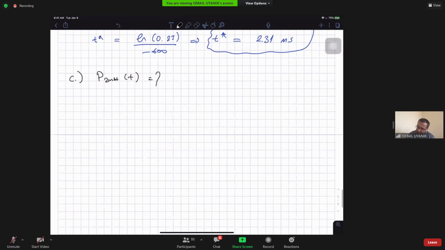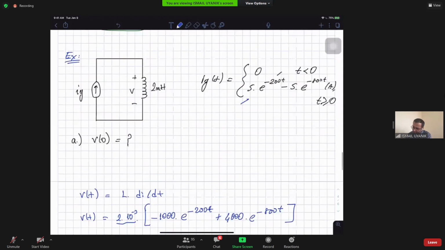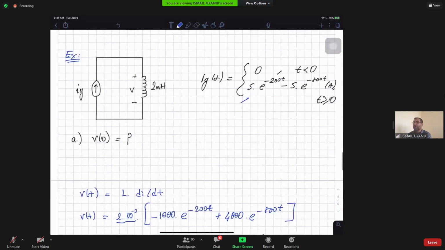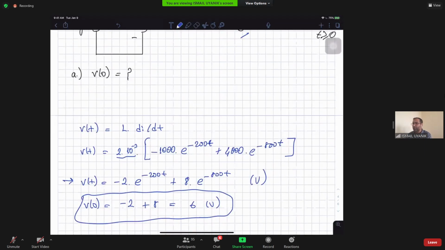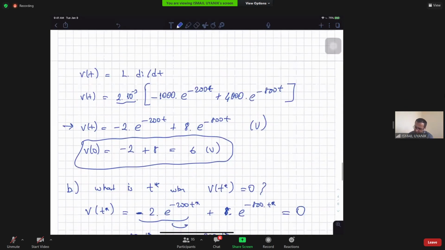So let's say power on this 2 millihenry component is just V times I. What information do we have? We have I directly, I can just use it. And we have the voltage, we calculated the voltage, right? That should be very easy.